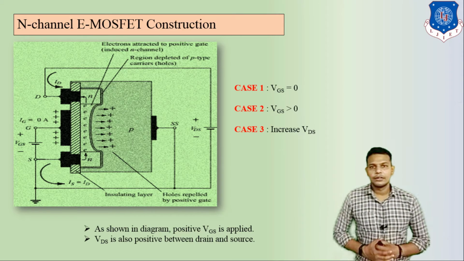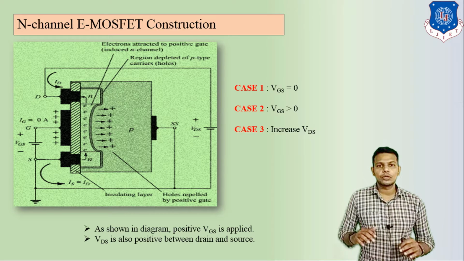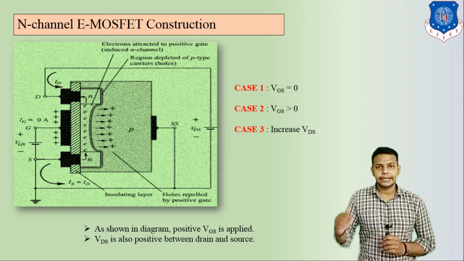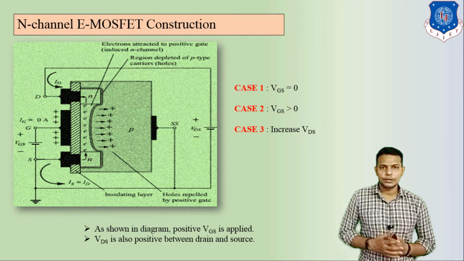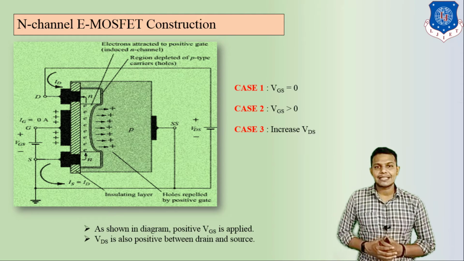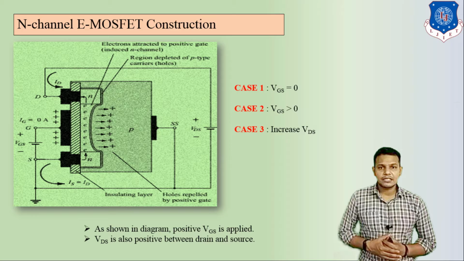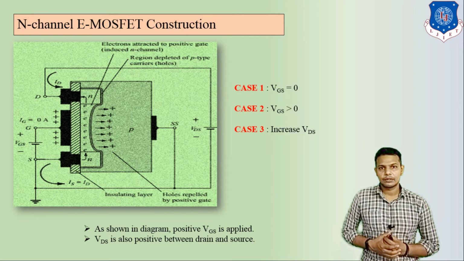Case number 1, VGS is equal to 0. First we are not going to connect the battery at the gate to source terminal. That means it is shorted, so VGS is equal to 0. Then case number 2, here we apply VGS greater than 0. That means we connect more and more positive supply.